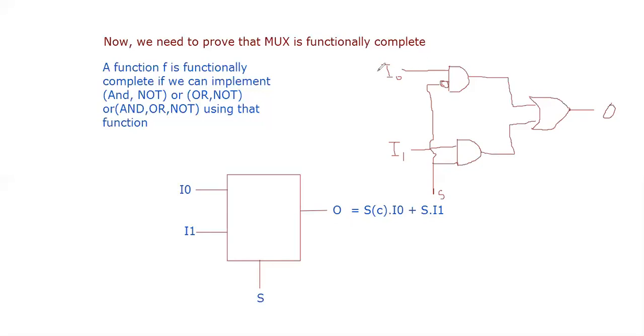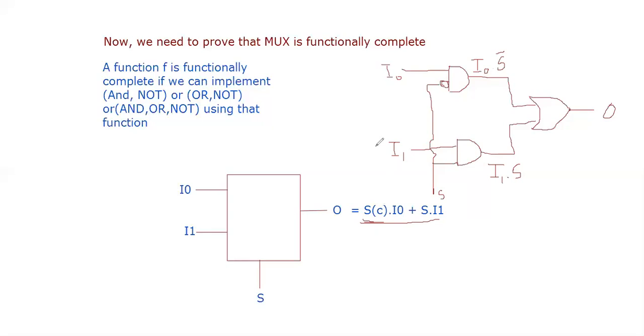The output will be I naught into S complement. I am writing S complement in this form, but you can follow any notation. Then OR I1 into S. Since I am ORing these two, it will be this plus this which I have written here. So this is the functional representation of MUX.